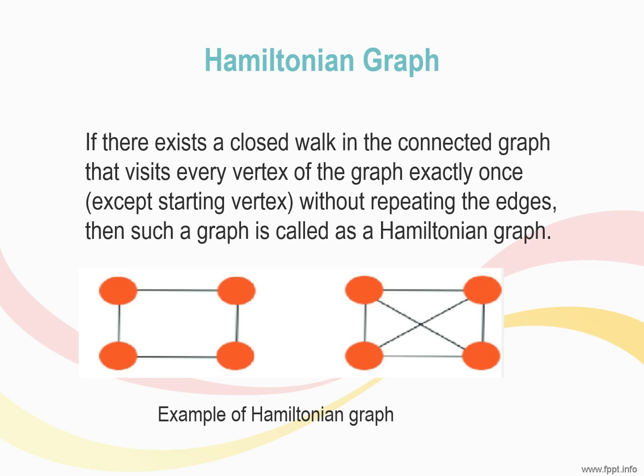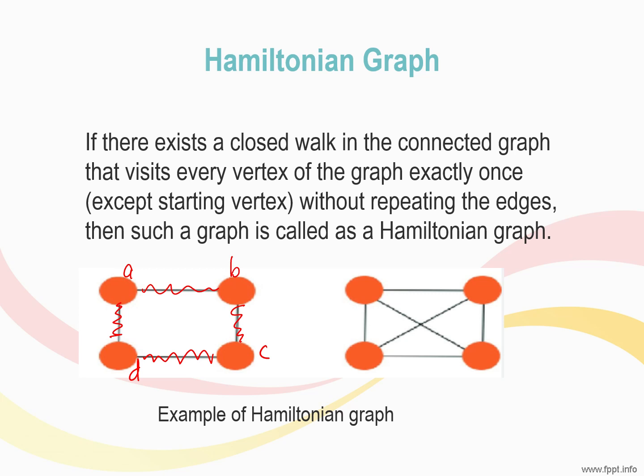If I label the graph as A, B, C, D, you can find a path that connects vertex A to vertex B, from vertex B to vertex C to vertex D. And if you proceed, you can connect vertex D to vertex A, so that you visit vertex A twice. So in this case, this graph is called a Hamiltonian graph.